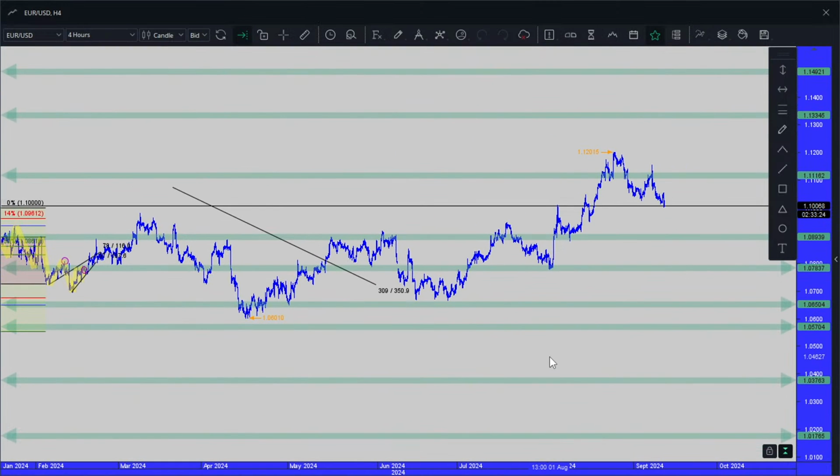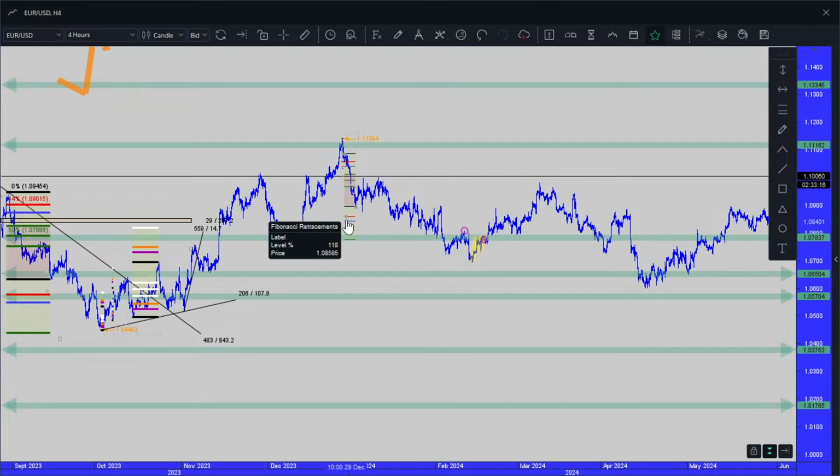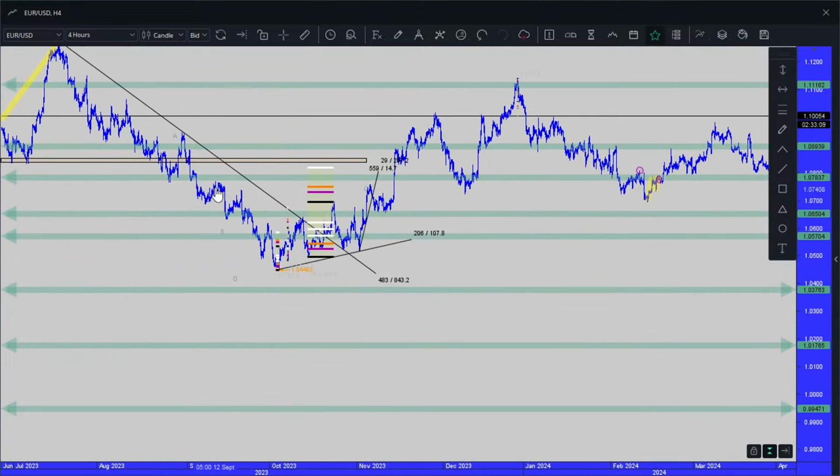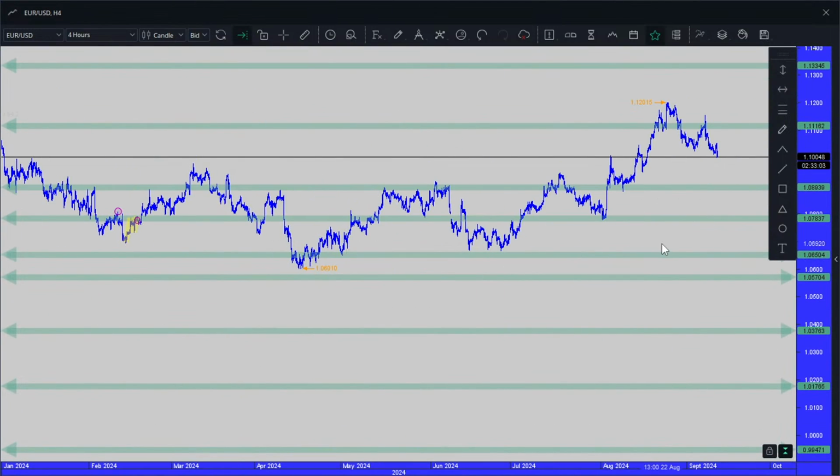Should you buy or should you sell euro dollar? Don't be shy, there is no right or wrong. We're here to learn. Fibonacci's out, right? We didn't learn yet the Fibonacci's. All right.